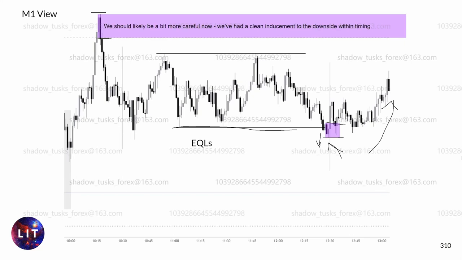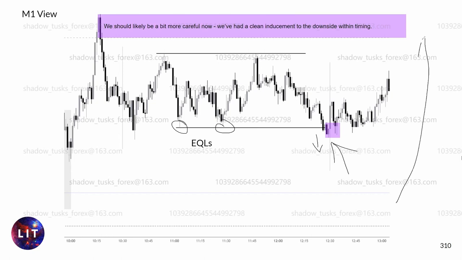Well, the answer is we should likely be more careful, especially as we've had a clean inducement to the downside within timing. We can see the equal lows being built. We can see the inducement all within MM2. We know that we've got a POI higher. So now we should be thinking, okay, is this the best thing to take?